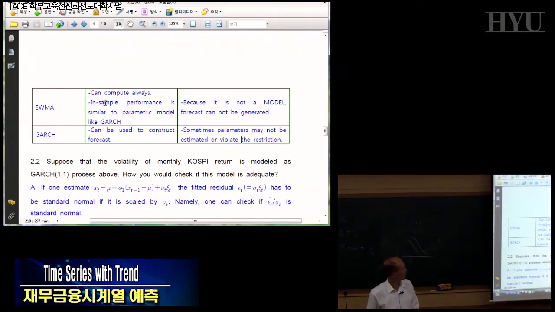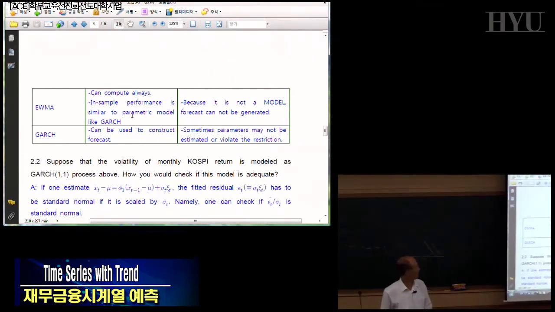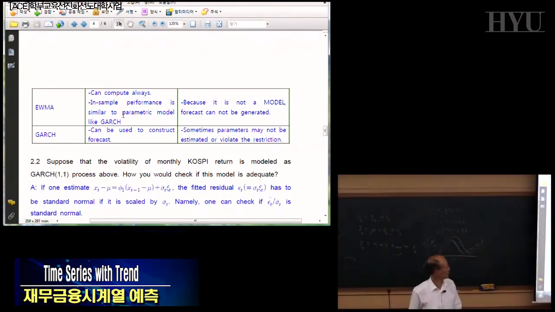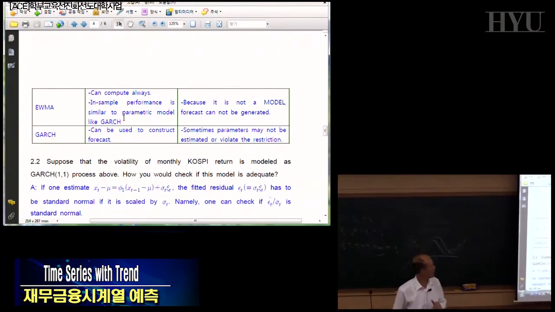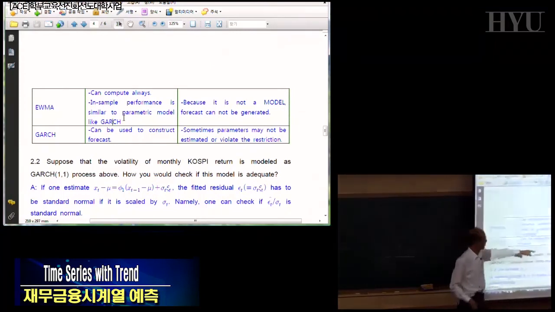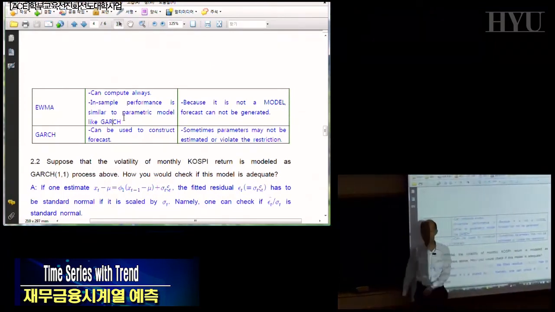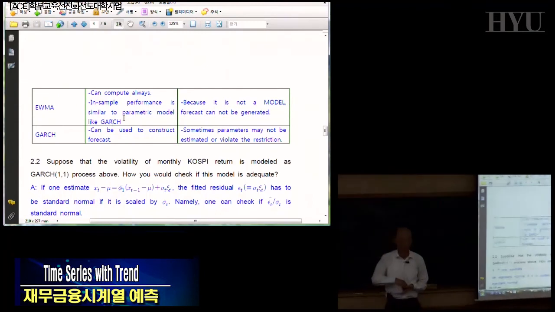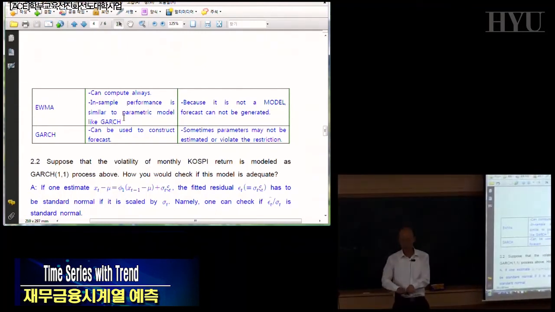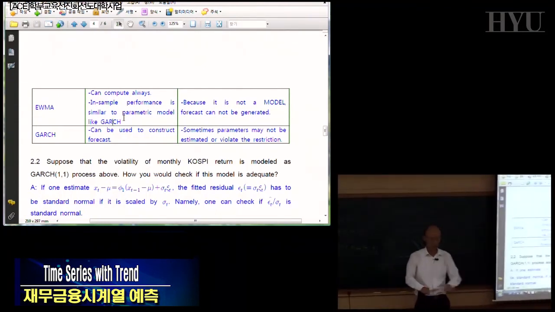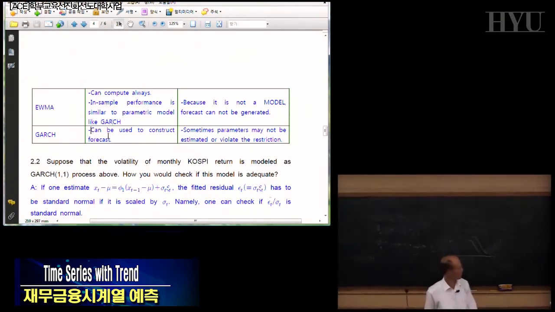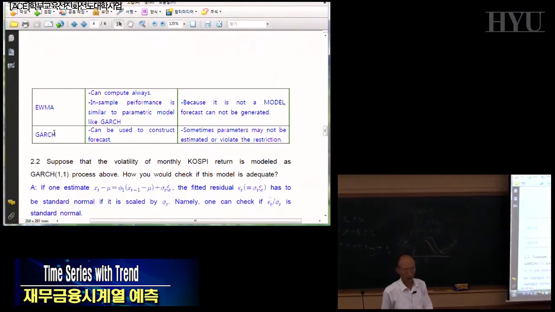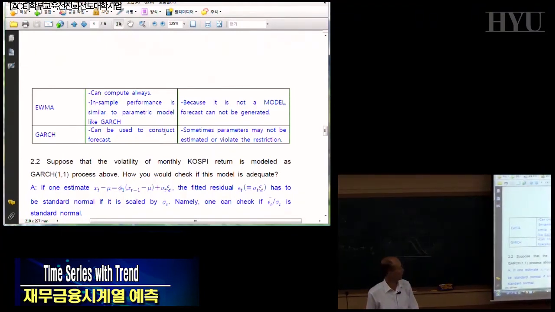And also in-sample performance, according to previous study, it's very similar to a parametric model like GARCH. So it resembles, right? But by now we all know that because it's not a model, it cannot generate forecast. Whatever the latest value, that's your forecast. And of course, the big advantage of an econometric model is that you can use it to construct forecast.